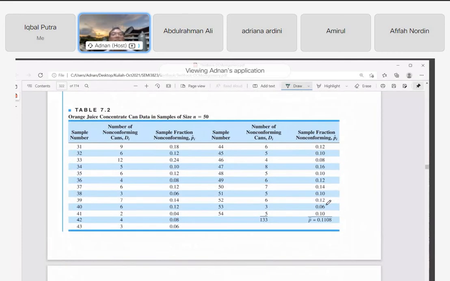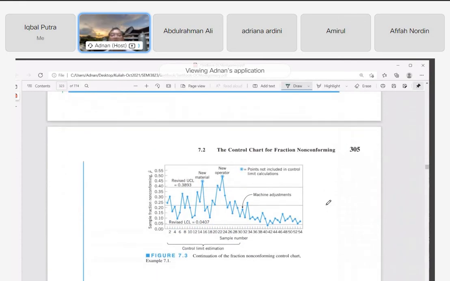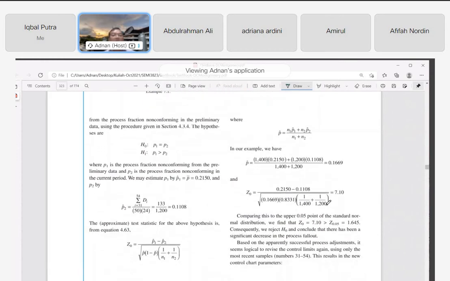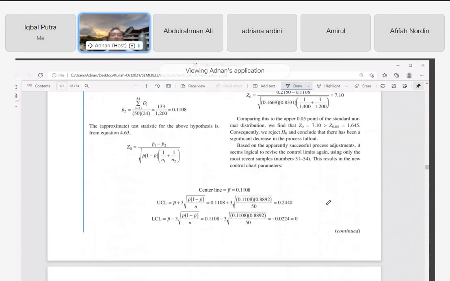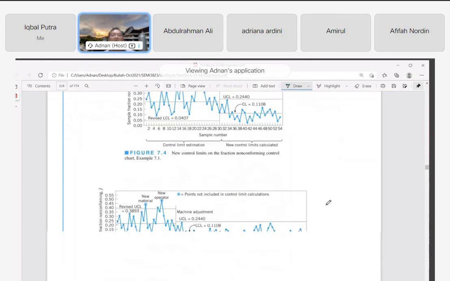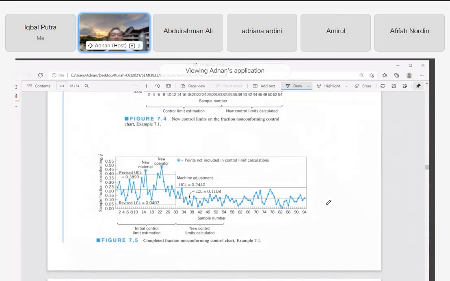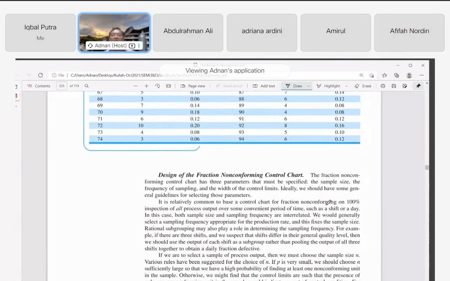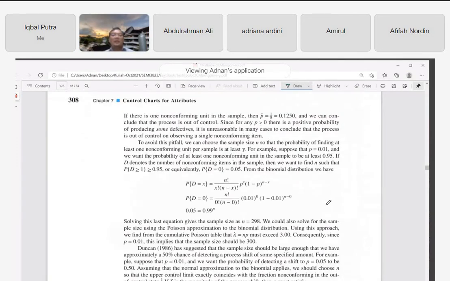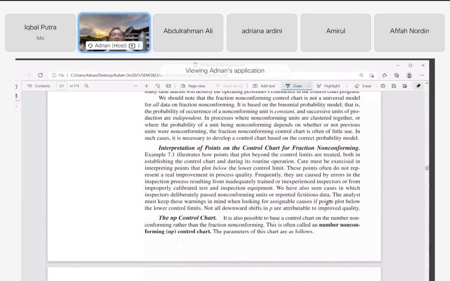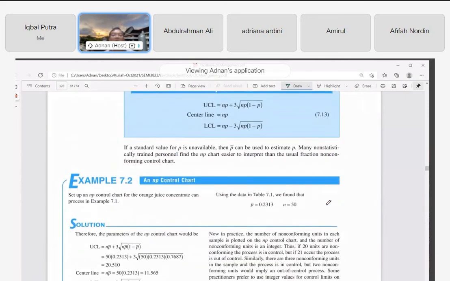Okay, so please go through this. Also, there are situations where the sample size is not consistent. Let me see whether we have this case here. If the sample size is not consistent, we have to use individual control limits.